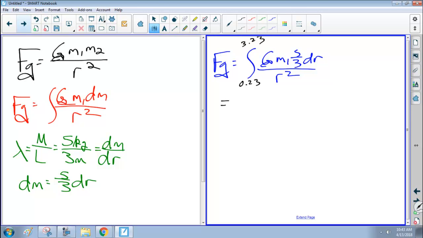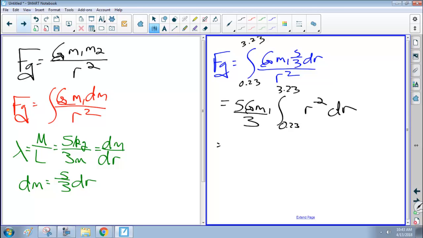You can pull out all of the constants, so you get 5G m1 over 3 times the integral from 0.23 to 3.23 of 1 over r squared. I'm going to write it as r to the negative 2 dr. Does that make sense, you guys?